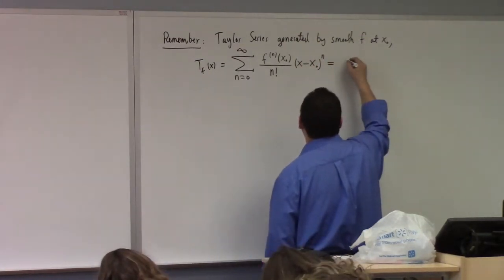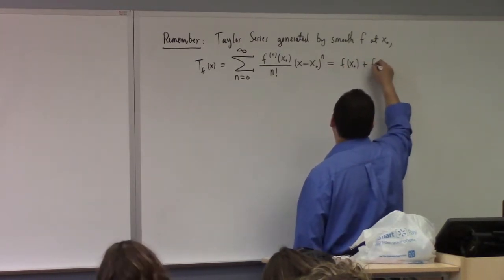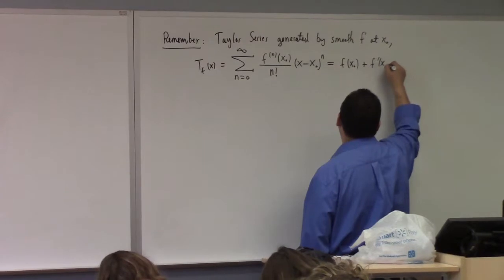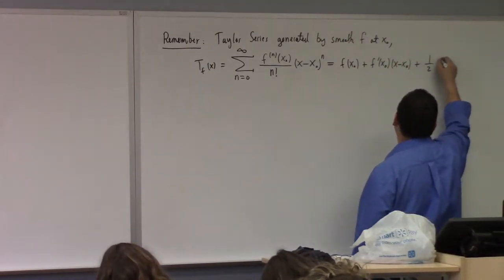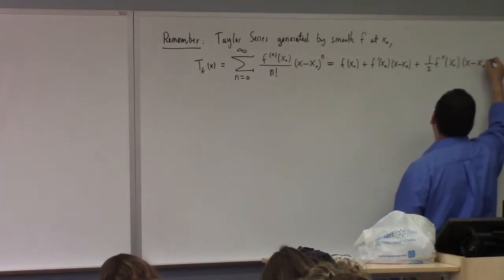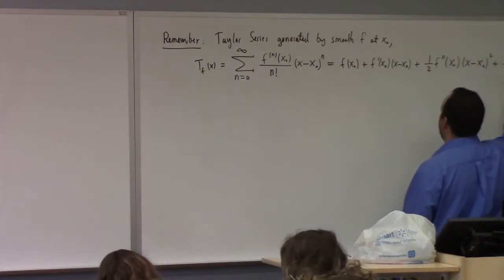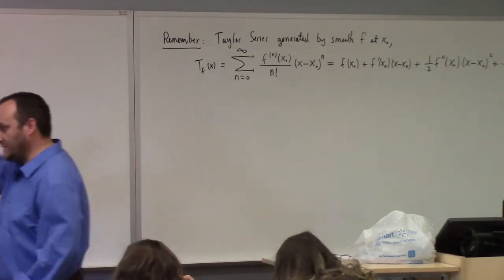I'll reiterate once more the first 3 terms: f of x naught, plus f prime of x naught times x minus x naught, plus 1/2 f double prime of x naught times x minus x naught squared. This is the Taylor series generated by f of x.